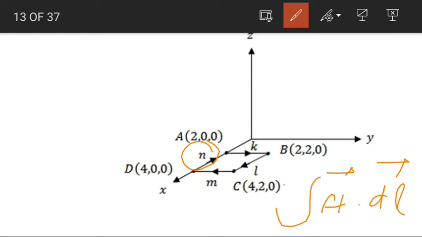Then we will add the integral of H dot dl along these straight segments, which will give you the integral of the magnetic field intensity around this closed path.